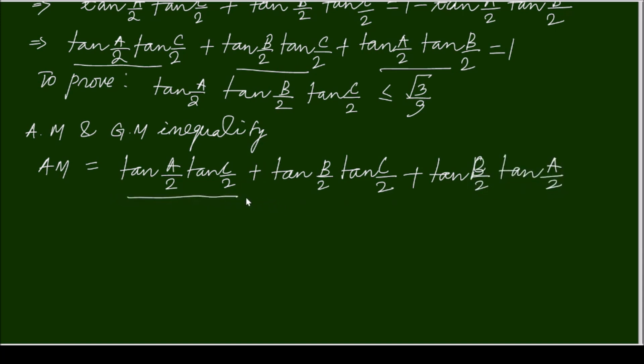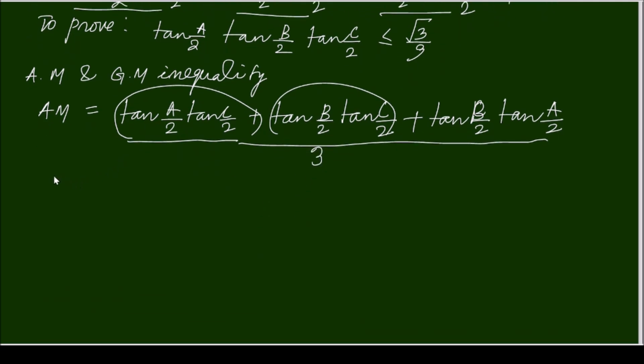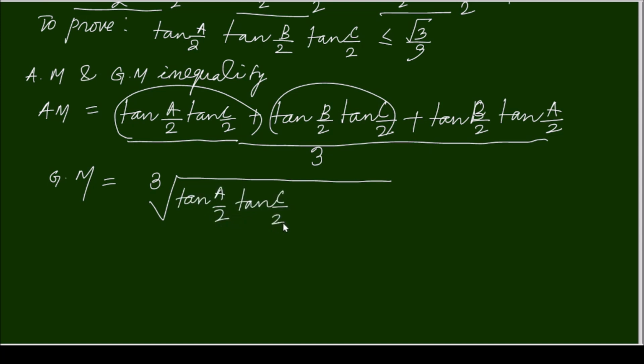So I have taken two together as one term; this is one term, this is another one. So the arithmetic mean is divided by 3. And what about the geometric mean? Geometric mean equals the cube root of tan A by 2 tan C by 2 as one term, tan B by 2 tan C by 2 as the second term, and the third term is tan A by 2 tan B by 2.